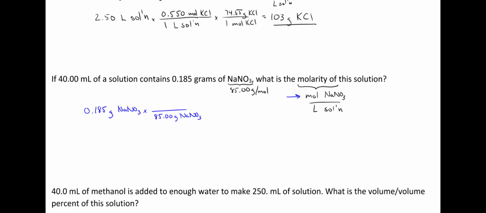And so now we've found enough information to give us the moles of sodium nitrate. Our calculation tells us that we have here 2.18 times 10 to the minus 3 moles of sodium nitrate, our solute.